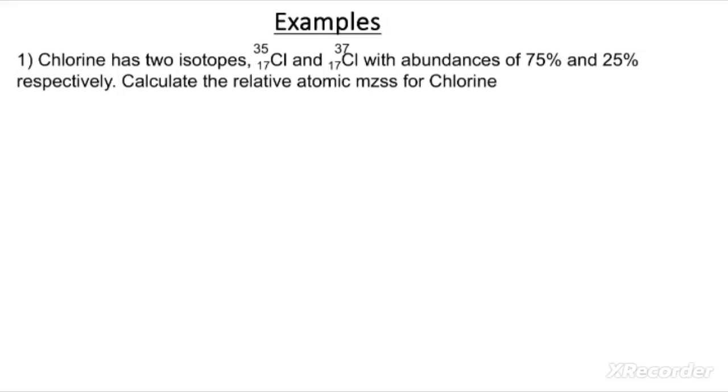Chlorine has two isotopes, chlorine 35 and chlorine 37, with abundance of 75% and 25% respectively. Calculate the relative atomic mass for chlorine.